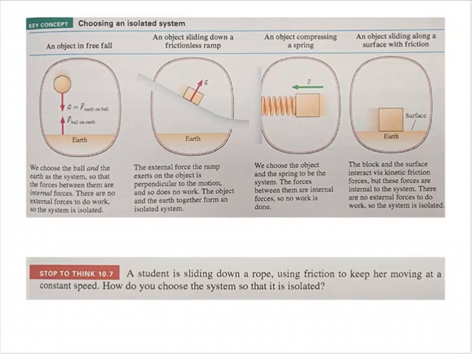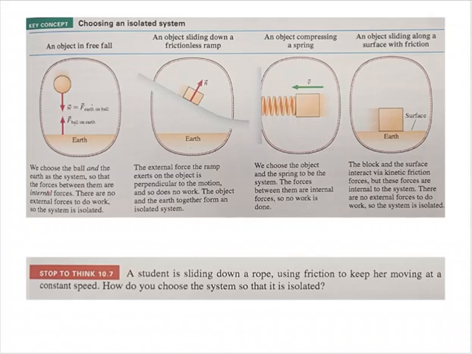So the force here is the earth on the ball, and then the earth is also being pulled upward, although it's kind of strange to think about action-reaction pairs, right? So we choose the ball and the earth as the system so that the forces between them are internal forces. There's no external force to do work, so the system is isolated. Then no work is being done.